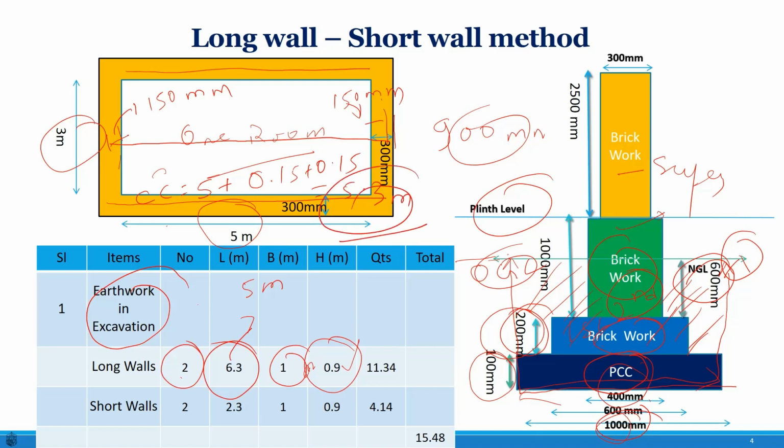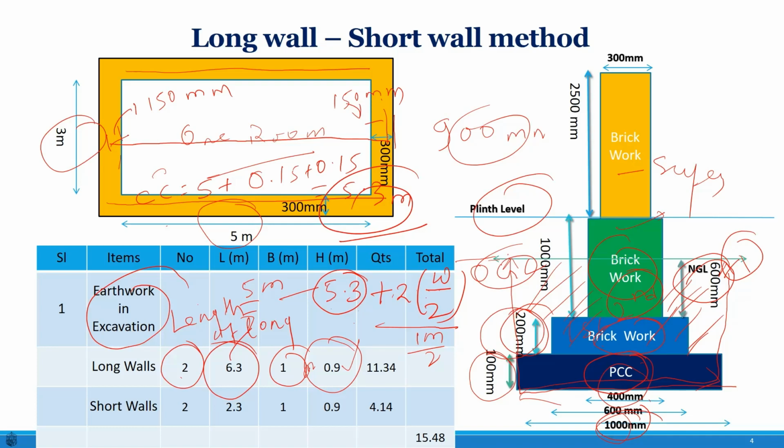What we dealt with in the last slide is that the length of the long wall is the center to center distance plus 2 times half of the width of the particular component. So for the length of the long wall, the center to center distance is 5.3 meter, then 2 times half of the width. The total width is 1 meter, divided by 2, into 2.